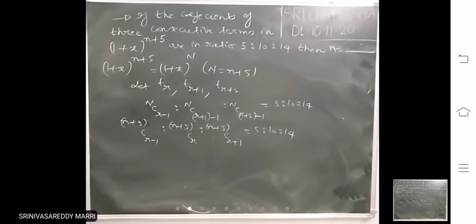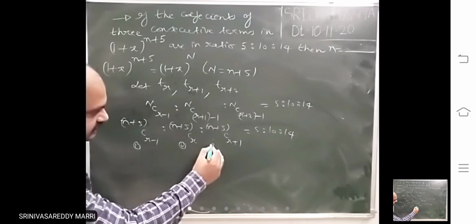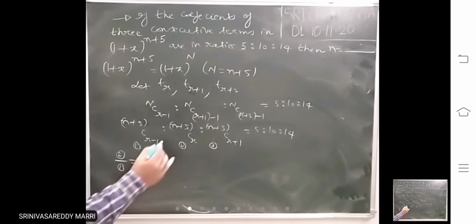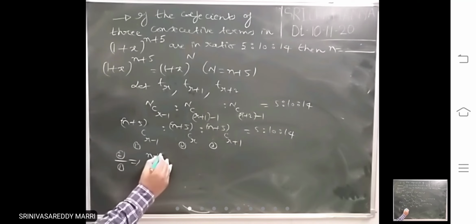This ratio is given. Now this is 1, this is let us say 2, this is 3. Now what I am doing is 2 divided by 1. 2 by 1 ratio I am taking. That means n plus 5.